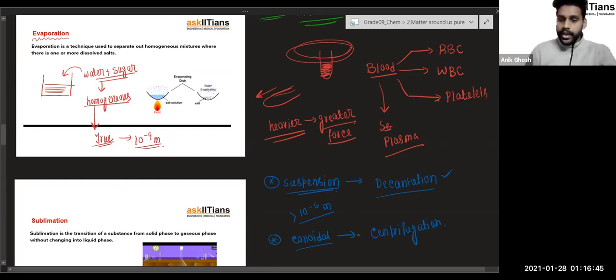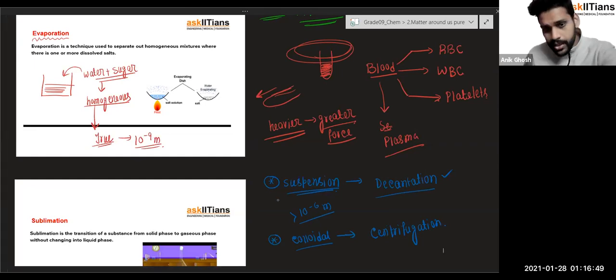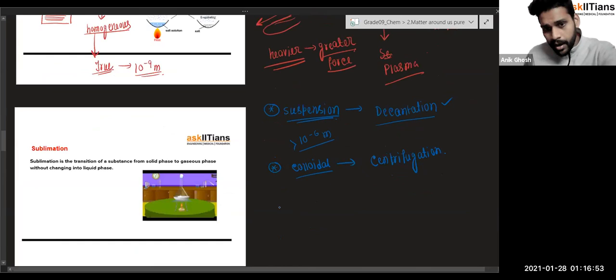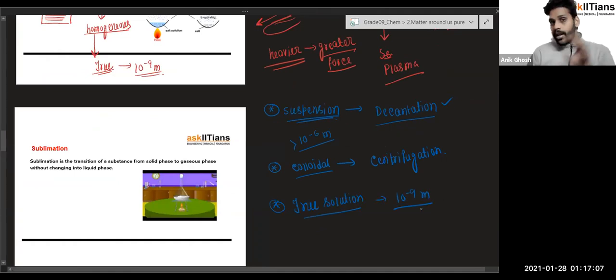Now, if the mixture is a true solution where the particles are not even visible, where the particle size is near about 10 to the power minus 9 meter, we can also say 1 nanometer, then how do we separate out the constituents of a true solution? The method is called evaporation.